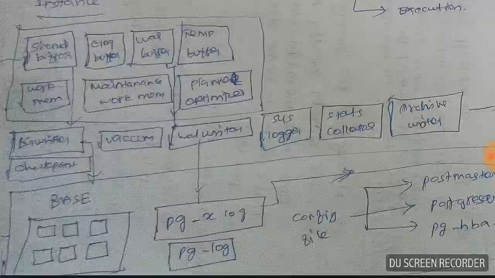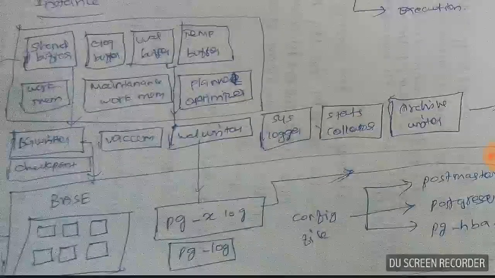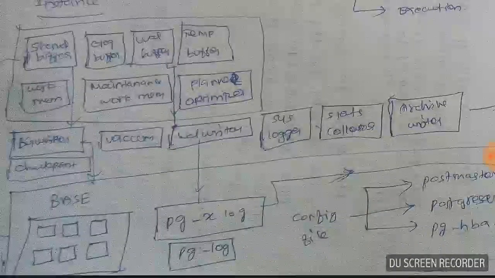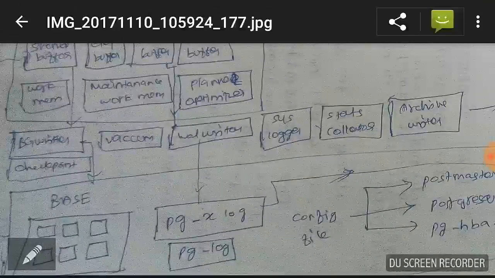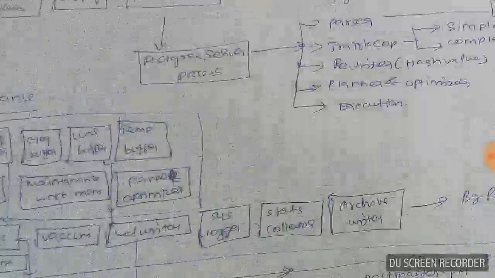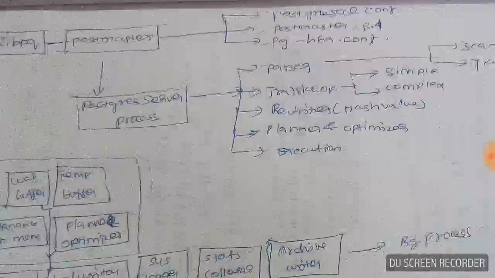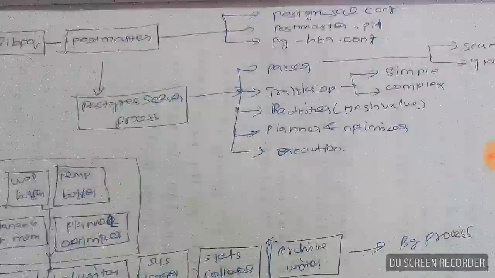And checkpoint occurs every 5 minutes, based on the shared buffer. If you want to change these things, for example, my shared buffer default size is 128 MB but I want to change it to 250 MB, and then change the WAL buffer and temp buffer sizes, you can modify these in the postgresql.conf file.